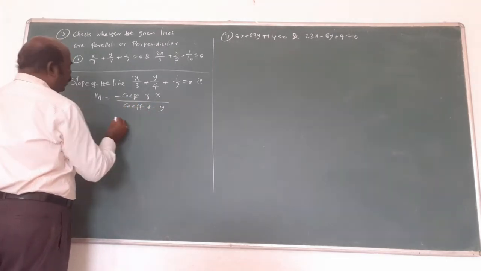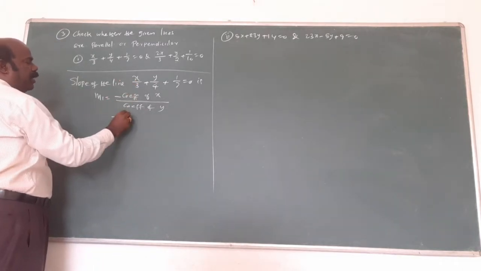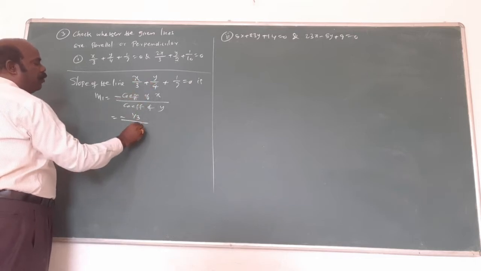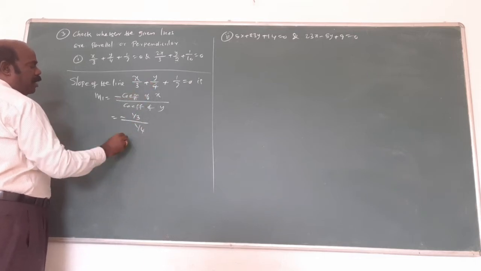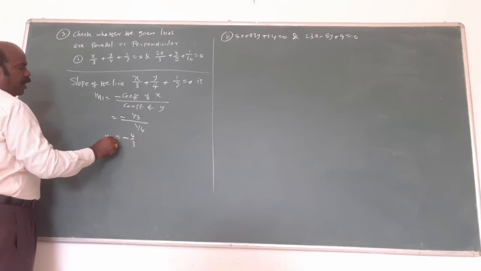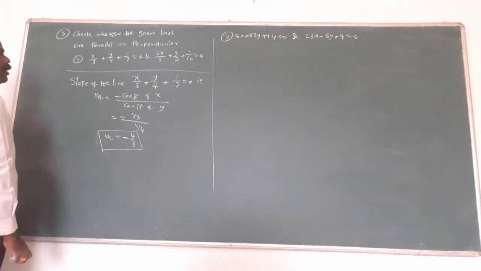So m1 equals minus (1 by 3) divided by (1 by 4). Taking the reciprocal, minus 4 by 3 is the answer for m1. First answer over.